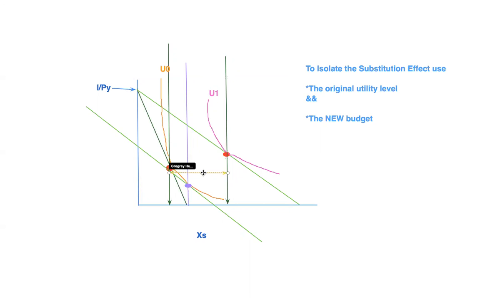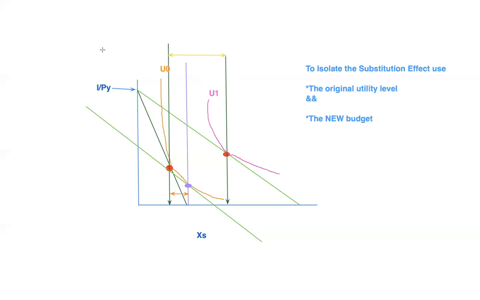The reason I did that is because I want you guys to always be able to pay attention to this total distance. So I want to have the yellow arrow here. That's the total distance, right? And then this part of the distance between x0 and xs, this is called the substitution effect.